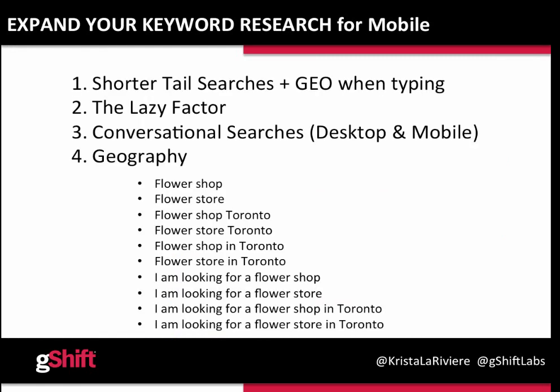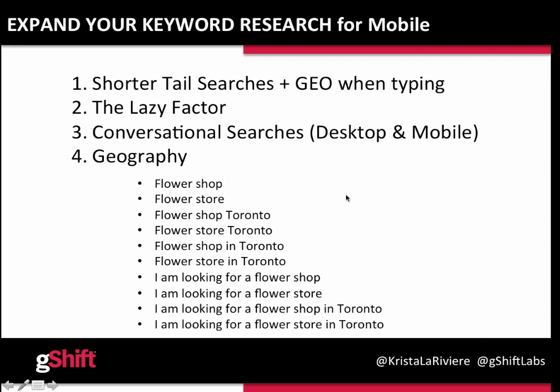So some important things for expanding your keyword research for mobile devices. You want a full, diverse range of phrases that you're tracking. So for example, for flower shop: maybe flower shop, flower store Toronto, maybe flower shop in Toronto. And all of these different terms will usually come up with different results. You could also do, I am looking for a flower shop, looking for a flower store, I'm looking for a flower shop in Toronto.